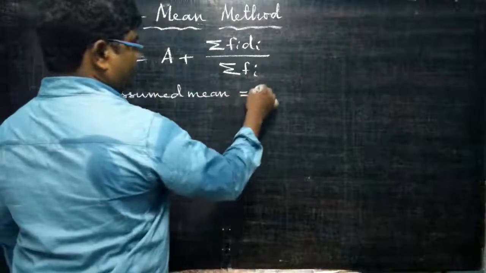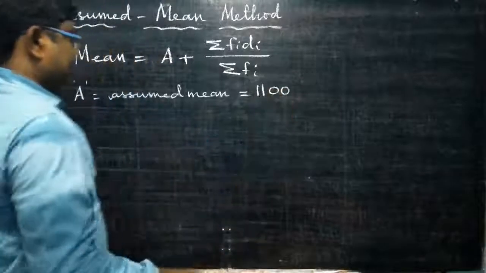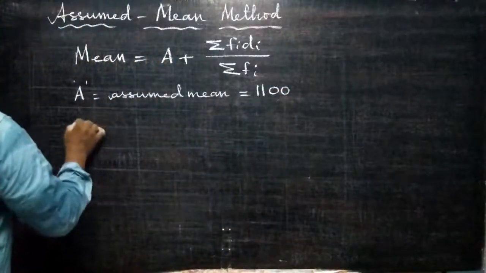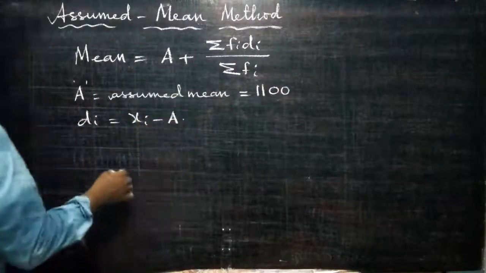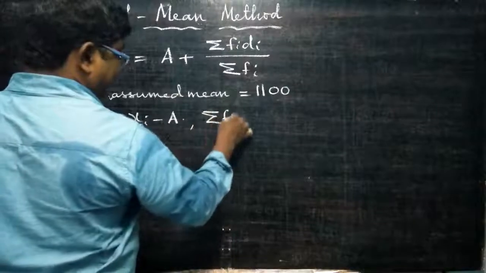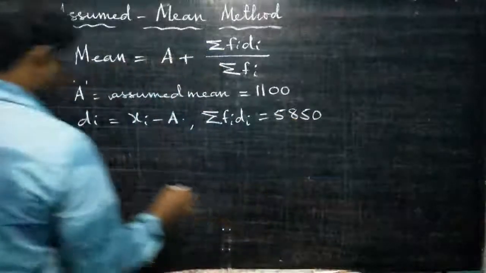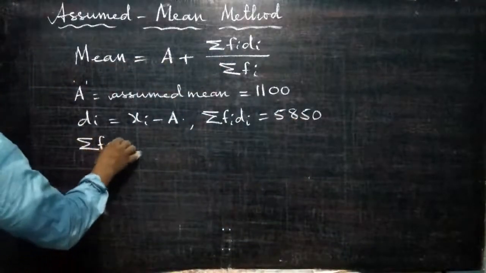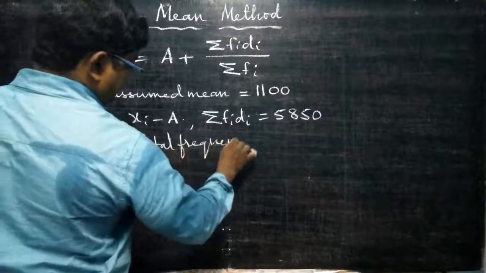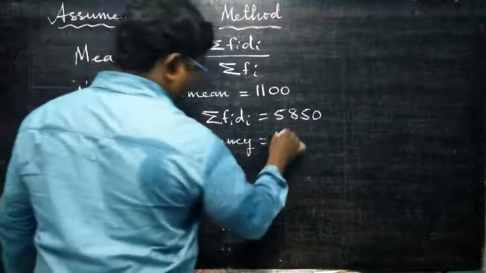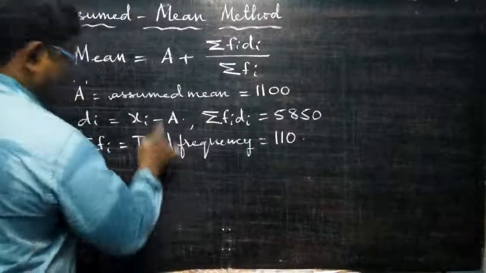How much? 1,100. Di we found as xi minus A. And sigma fi di how much did we get? 5,850. Sigma fi, what is the meaning of this one? Total frequency. How much did we get? 110.